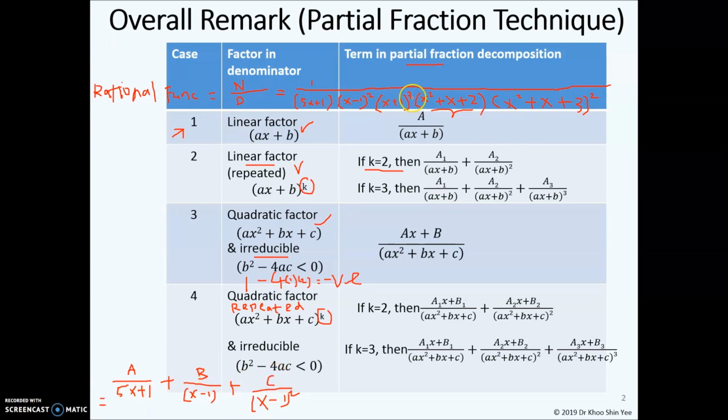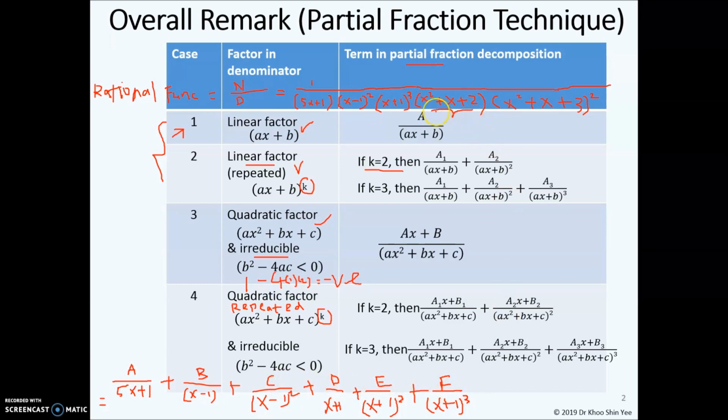For (x plus 1) power of 3, using the same method, you have b over x plus 1, plus c over (x plus 1) squared, increasing the order to 2, plus d over (x plus 1) power of 3, so the constants d, e, f. You can see that for the linear factor case, the unknown at the top is a constant.